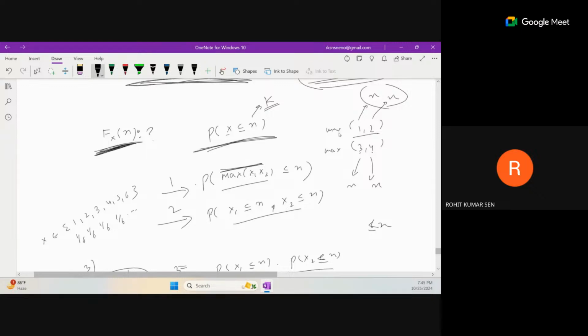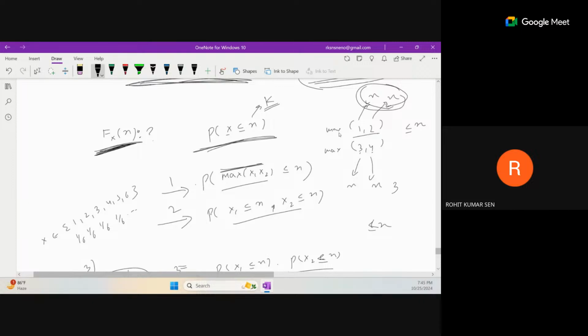How can I write it? You see here, if my first value is less than or equal to x, and my second value is less than or equal to x, then if you find the max of these two values, it will always be less than or equal to x. Is it clear?